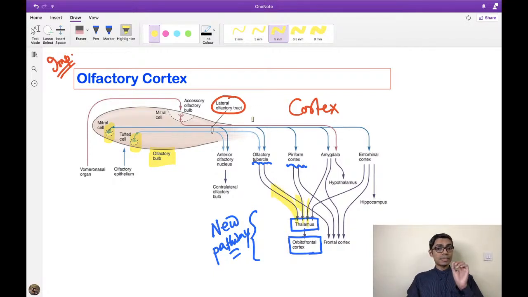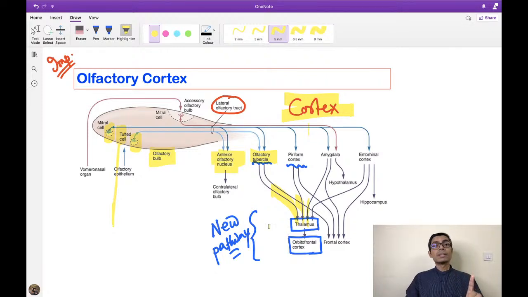Generally, the second order neuron reaches the cortex without relay at the thalamus. So that's why we say that the olfactory pathway is an exception. It is an uncrossed fiber, and it takes 2 neurons only, 1 neuron from the epithelium to the bulb, and from the bulb to the cortex, 2 sensory neurons only. And third, it does not relay at the thalamus, so it directly reaches the cortical area.